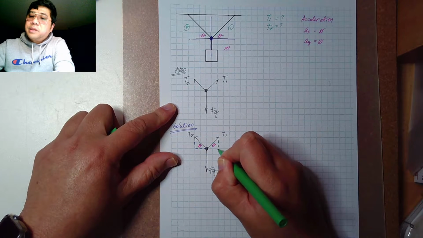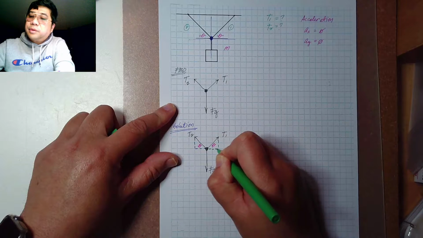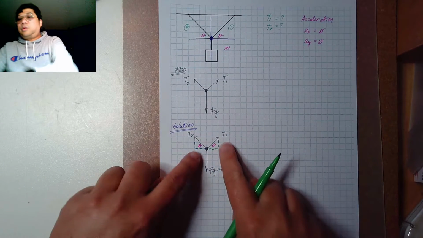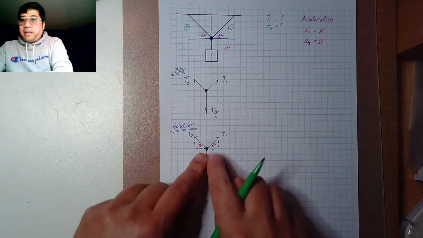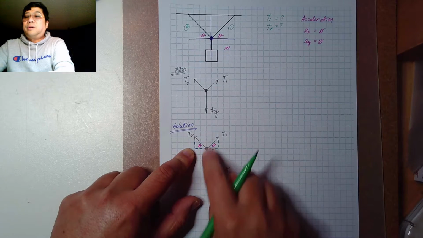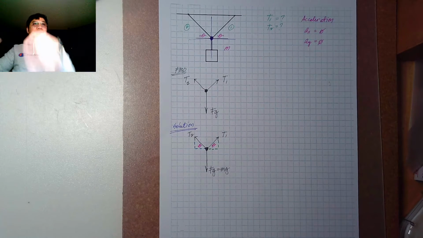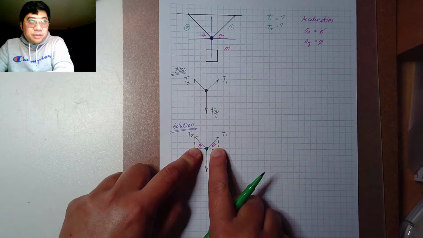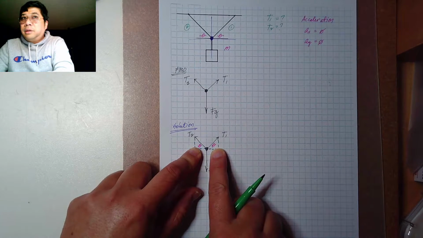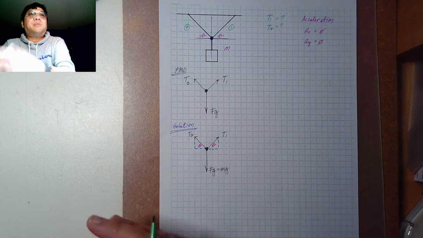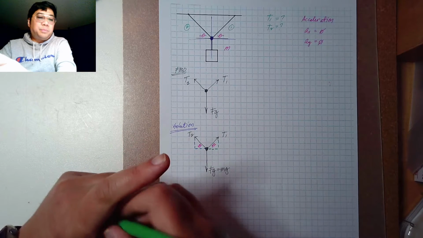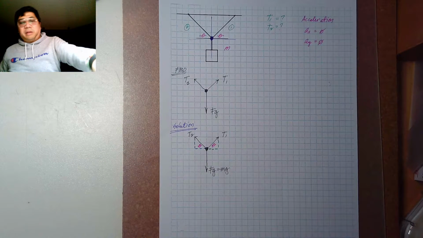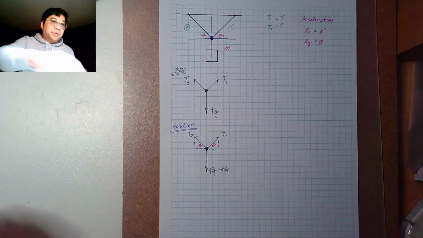Right away, because they have the same angle, we notice that the two triangles formed on each side of our system are identical. So you would have the same components, the same magnitude of the components, and the same magnitude of the actual force.